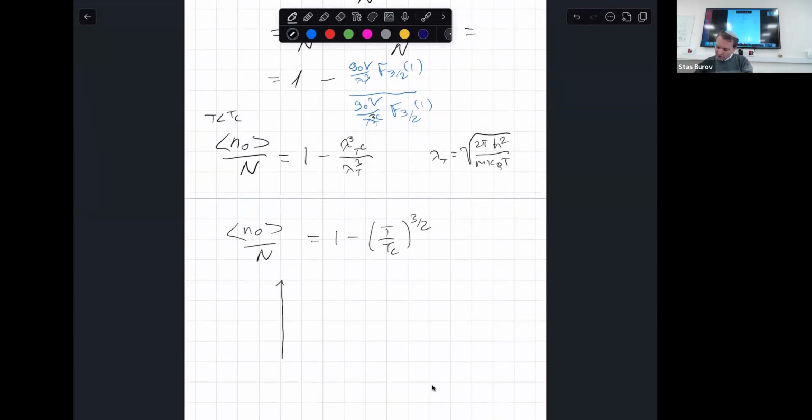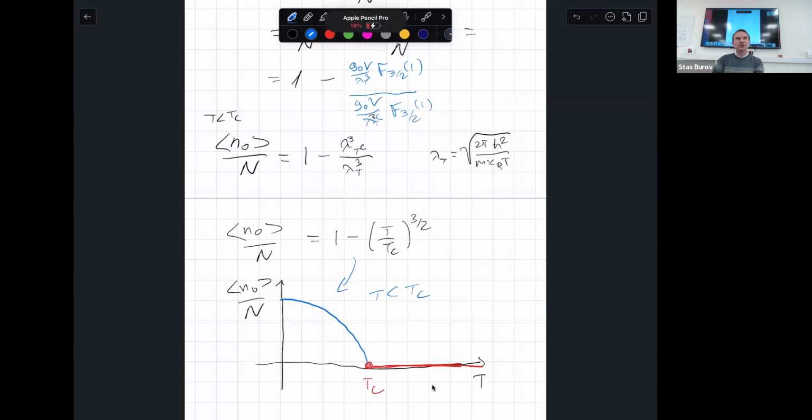So if we look at this, N0 divided by N versus temperature, we have 0 for any temperature equal to or above TC, and we have this expression for any temperature T lower than TC.